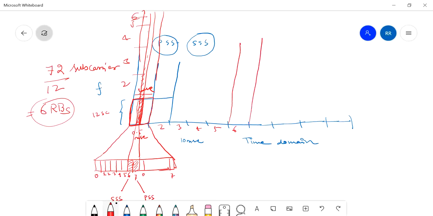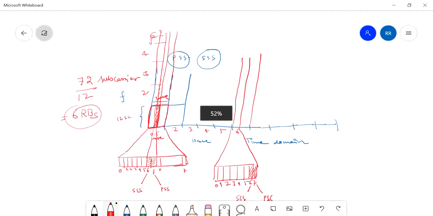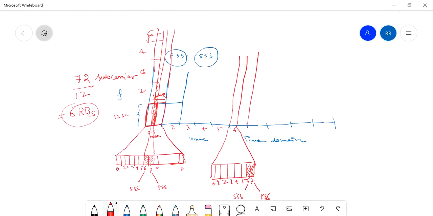If we expand this as well, starting from 0, 1, 2, 3, 4, 5, 6 and 7, 1, 2, 3, 4, 5, 6 and 7, the 6th is SSS and the 7th is PSS. Okay, so this is the position of primary synchronization signal and secondary synchronization signal on the resource grid.